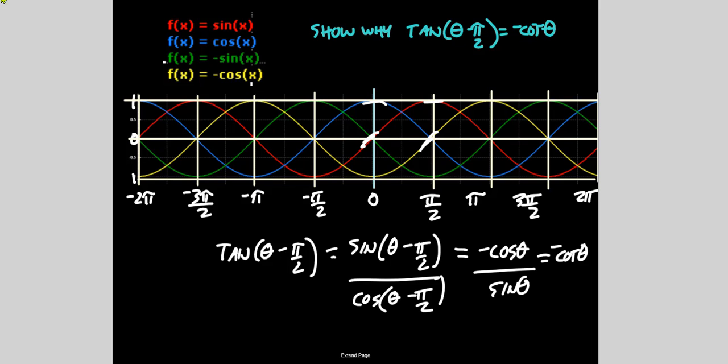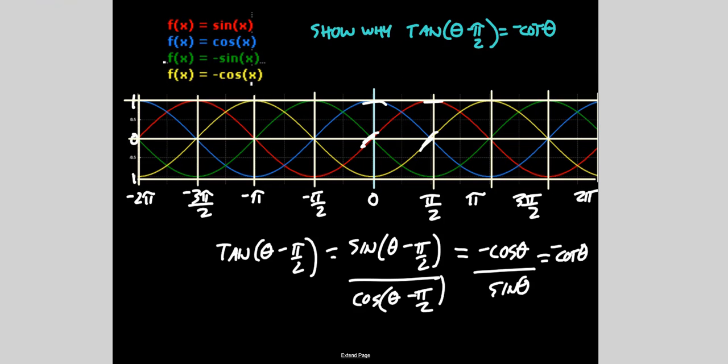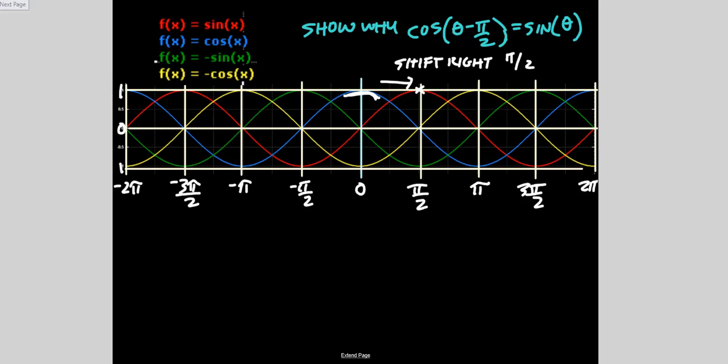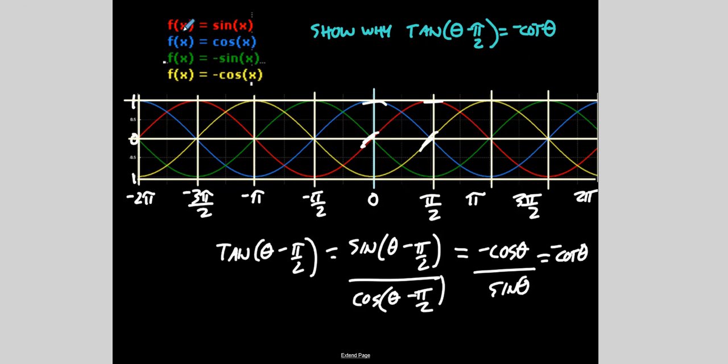Let's continue. So now we're going to do cosine of theta plus pi over 2. Remember, the previous ones were a shift right pi over 2. And this one, again, I use this fact instead of trying to graph tangent, which is a more challenging function to graph, which you should be able to do, but we're not going to do it that way in this video.